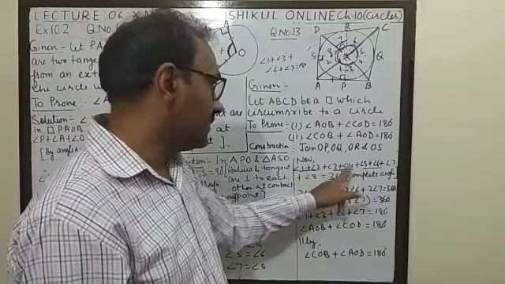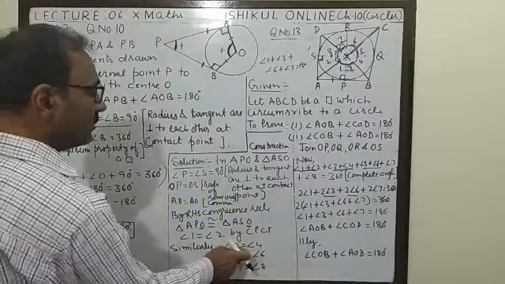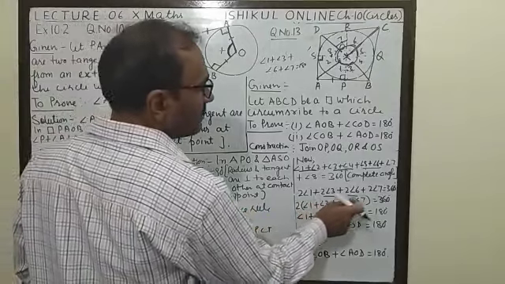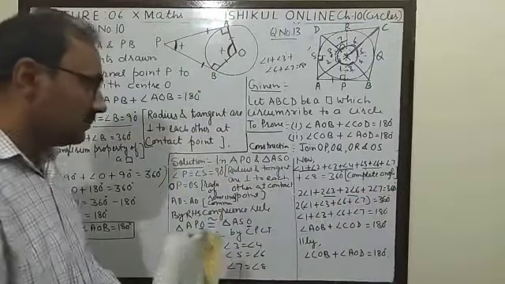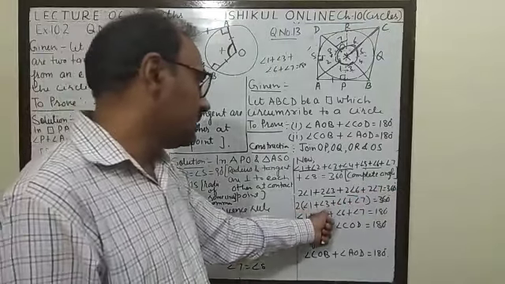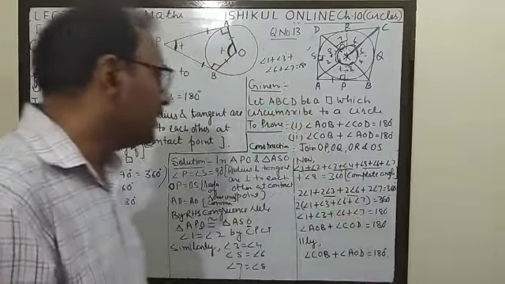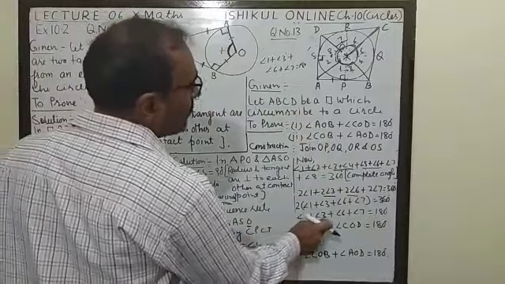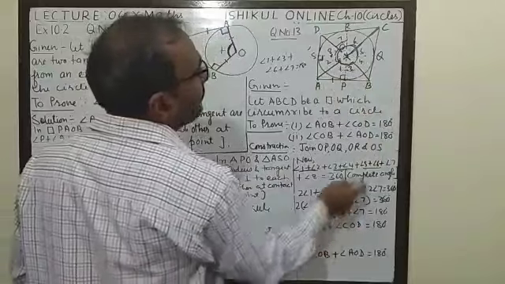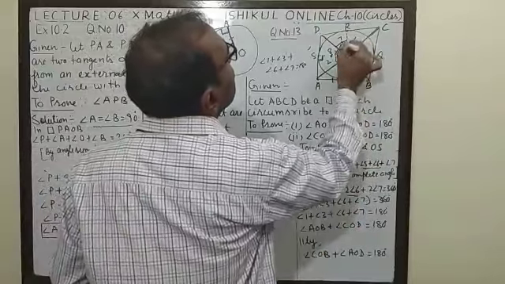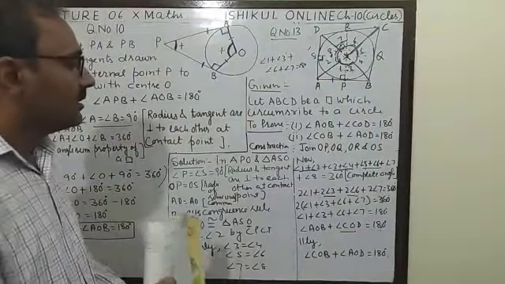Angle 4 you can write as 3, because 4 is equal to 3, so twice of 3, similarly twice of 6, twice of 7 equals 360, and 2 is common, so angle 1 plus 3 plus 6 plus 7 equals 180. You remember this. Here angle 1 plus 3 means AOB, and 6 plus 7 means COD, equals 180 degrees.